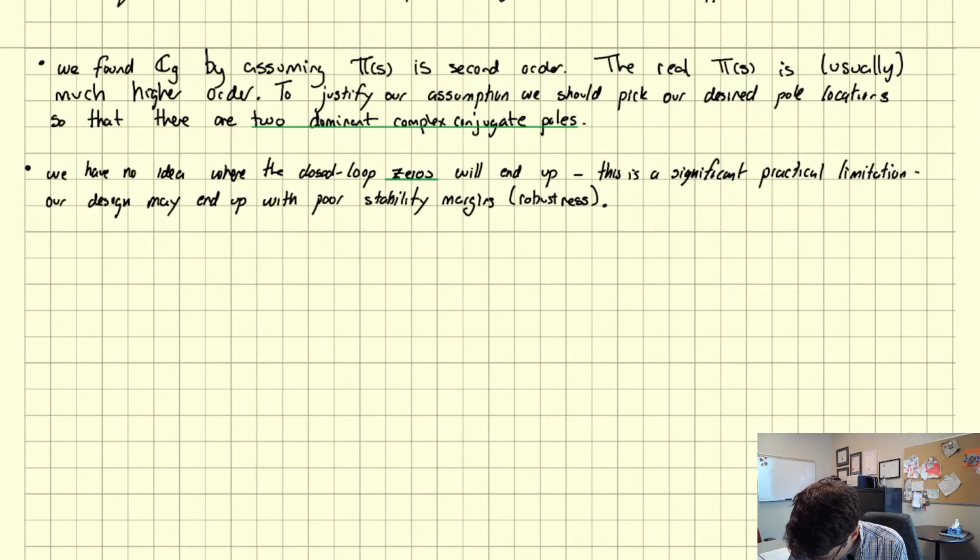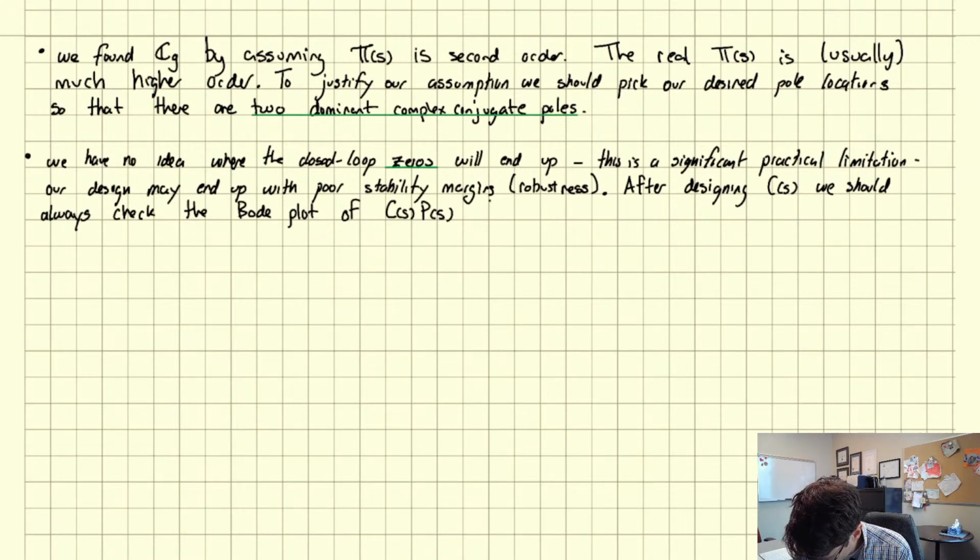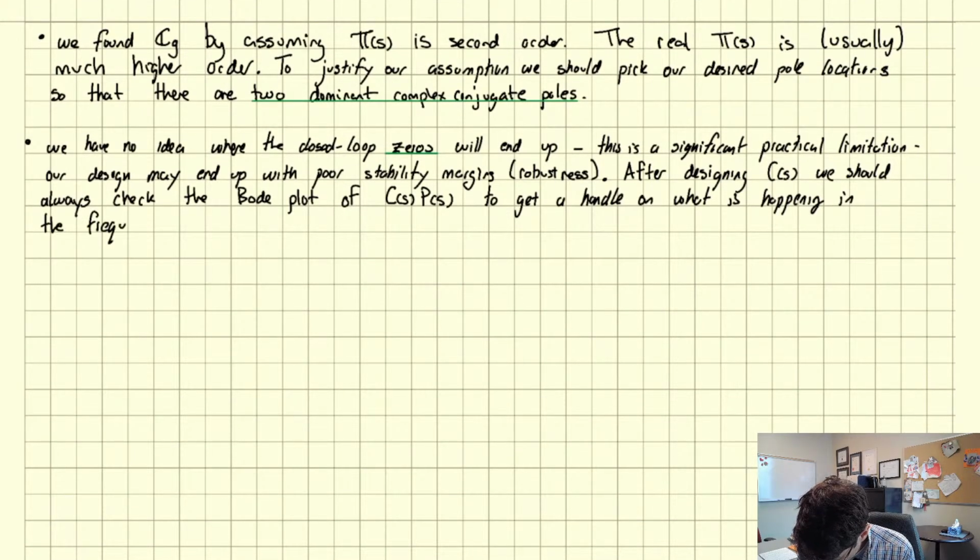So after designing, we should always check the Bode plot of the loop gain, which in this case is going to be the controller times the plant, to get a handle on what is happening in the frequency domain. And I'll mention an example where I do that. So 324.